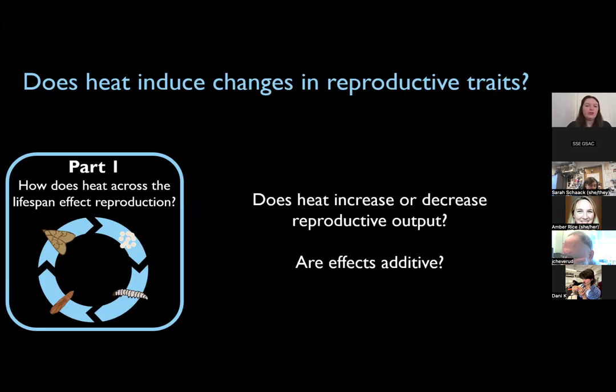And so the two subheadings of questions that I'll be asking here are: does heat increase or decrease reproductive output, so is it positively or negatively affected by heat? And are those effects additive at any temperature or life stage?